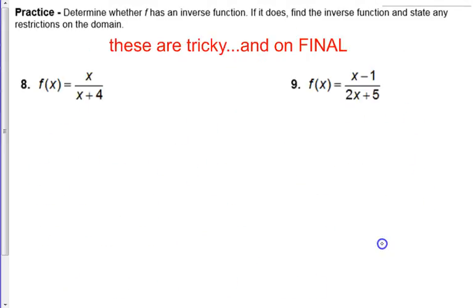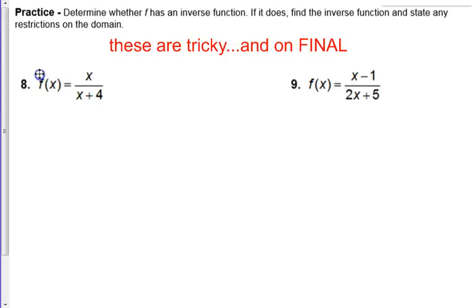All right. We've got 6 minutes left, and these are the tricky ones that are on Friday's quiz and on the final exam, okay? Sorry, it's pre-calc. I'm not going to ask just a simple little linear one. The reason these are tricky is because there's an x in 2 places.